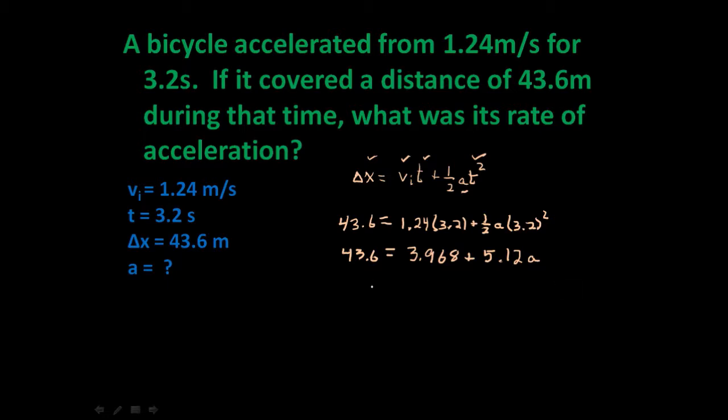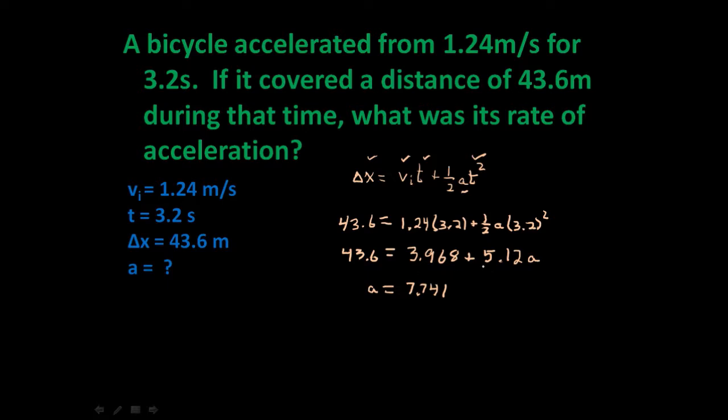You should get that the acceleration, at least according to my calculator, is 7.741 in whatever unit we're using. Now, we had a subtraction here, and that would keep us to the nearest tenth, but that's still going to be 3 significant figures.